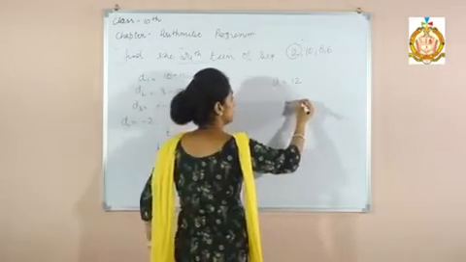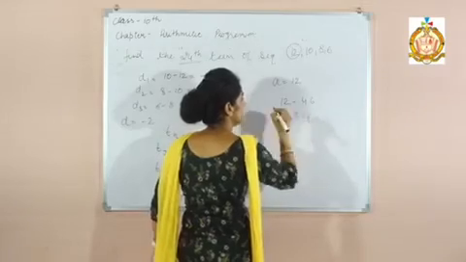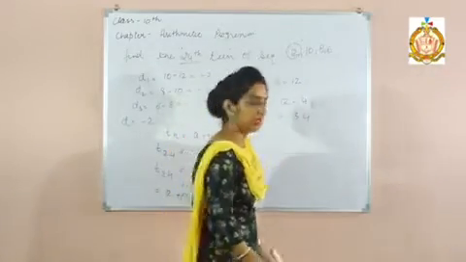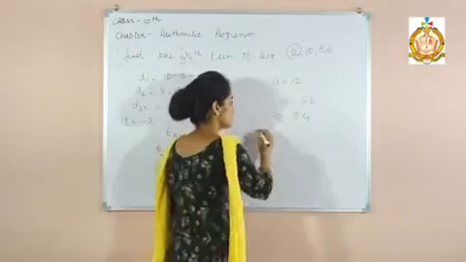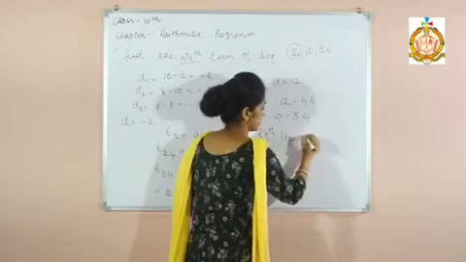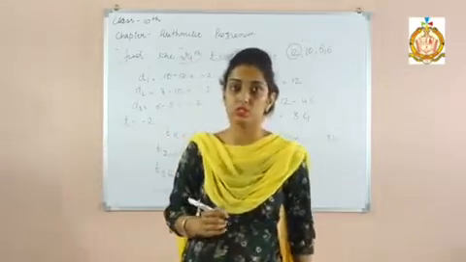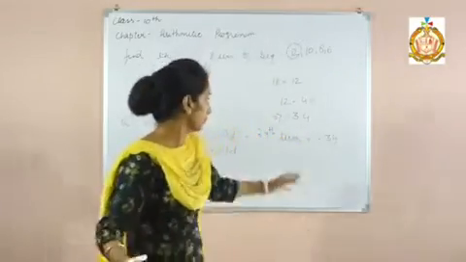Now 12 minus 46 is minus 34. So the 24th term is equal to minus 34.